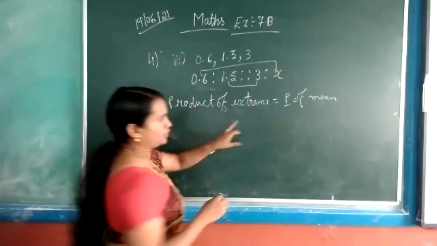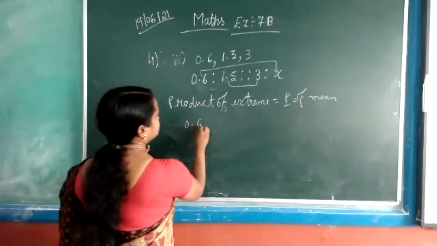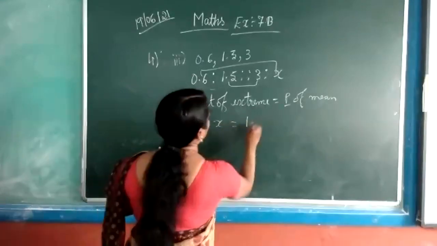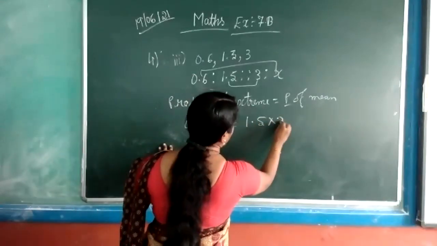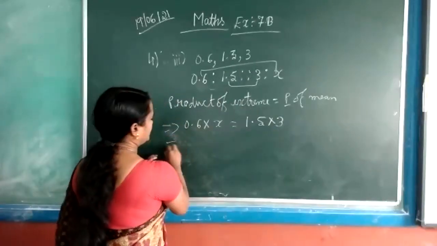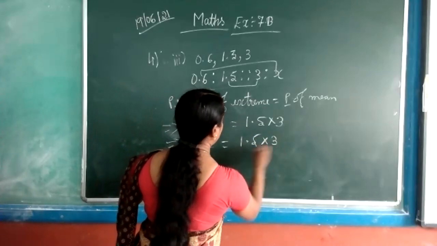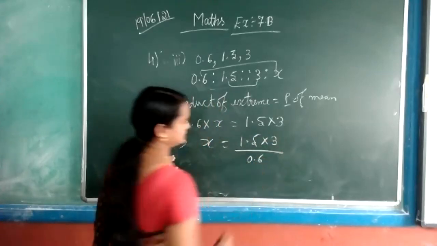Same way, product of extremes equals product of means. Now 0.6 into x equals 1.5 into 3. Then x equals 1.5 into 3 upon 0.6.